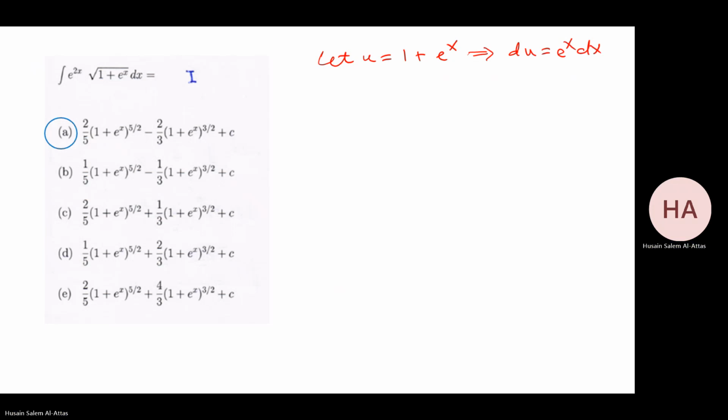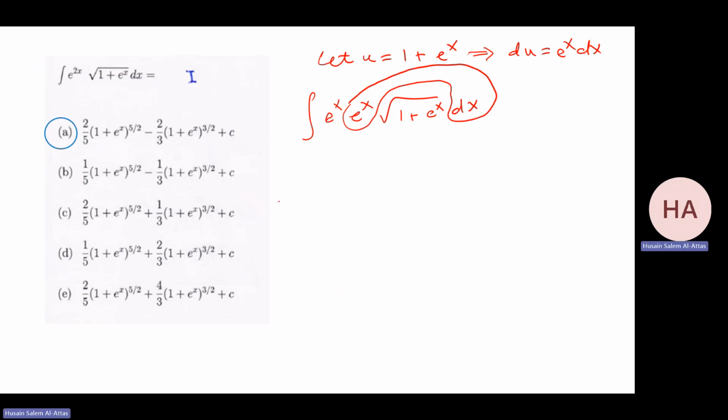So I will split this e to the power 2x into two things, e to the x times e to the x. So this is my du. What is e to the power x? It's u minus 1. This goes with the dx. This is u to the power half du.